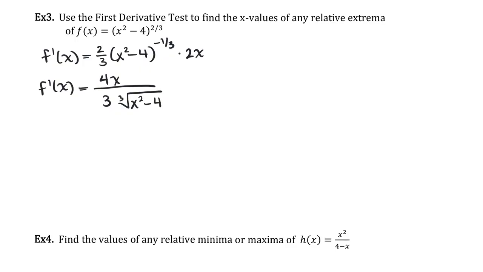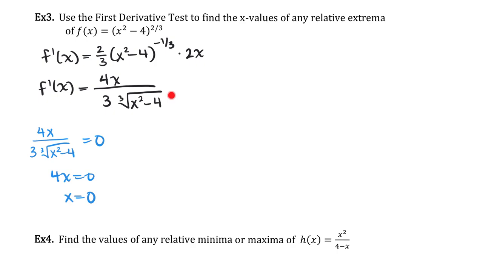Let's set this equal to 0 and see what we get. Okay, if I set it equal to 0 and I multiply the denominator, this times this goes to 0, so I get 4x equals 0. So x equals 0 is one of my critical points.